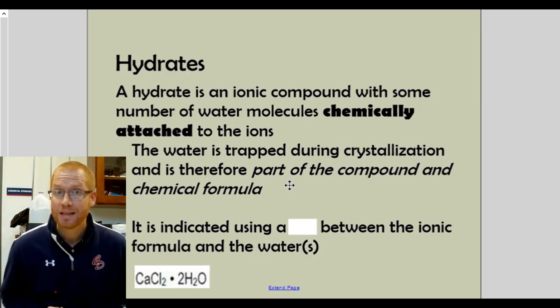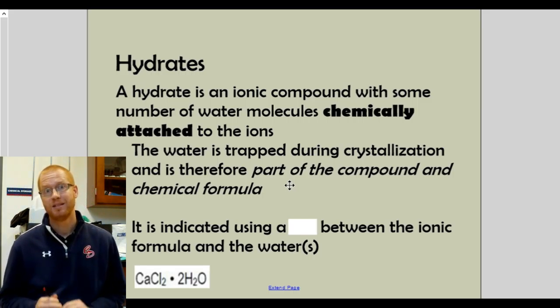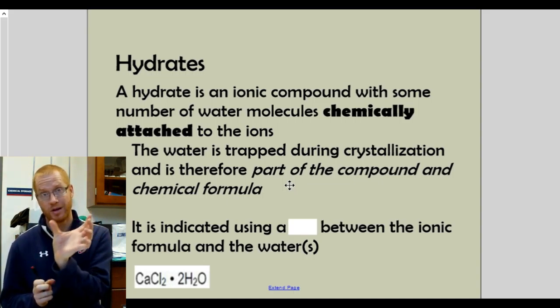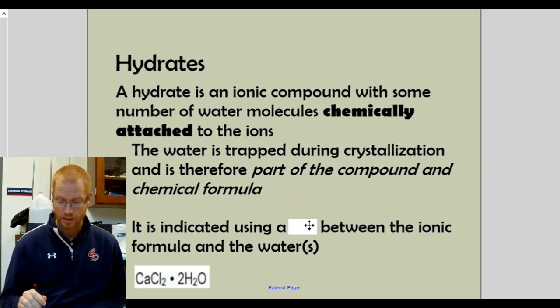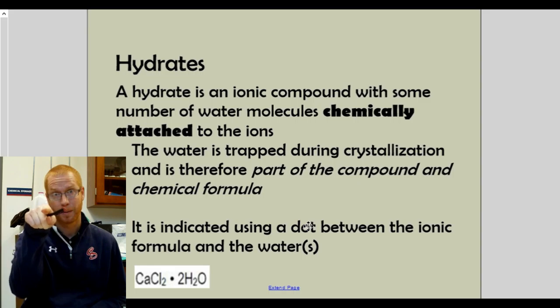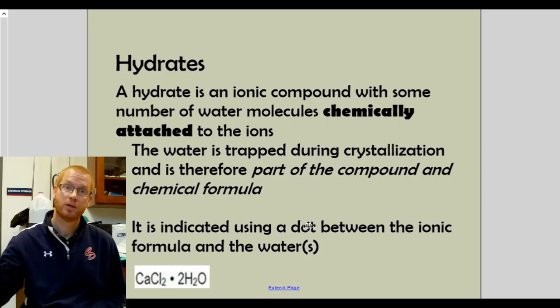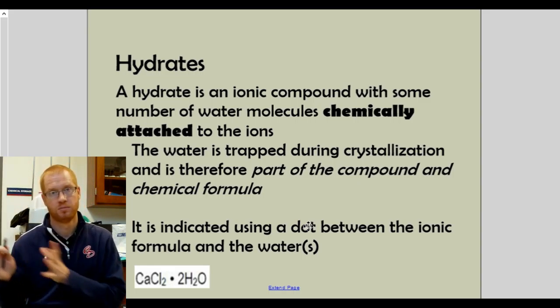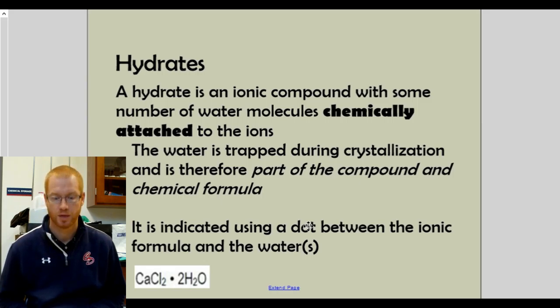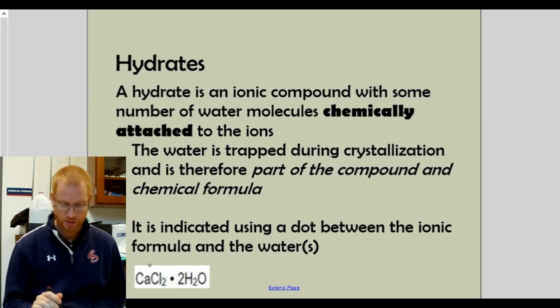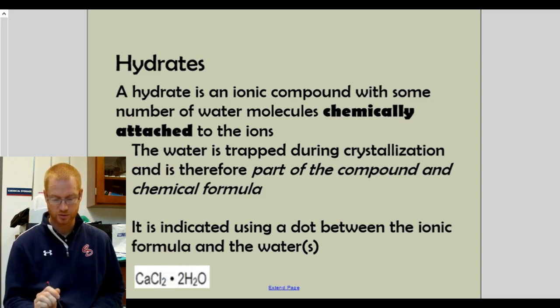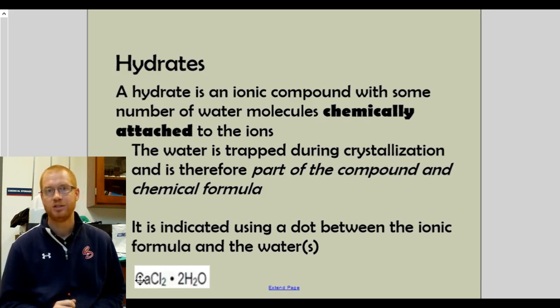The way that it's indicated is you write your ionic compound, and then you put a dot, and then the number of water molecules, such as you see right here. You have your calcium chloride ionic compound with a dot and then 2 H2O. That tells you that there are 2 water molecules trapped in each unit of that calcium chloride.